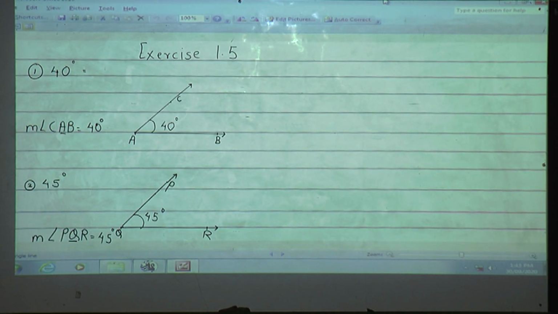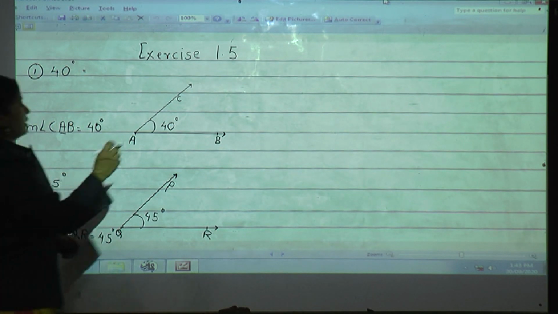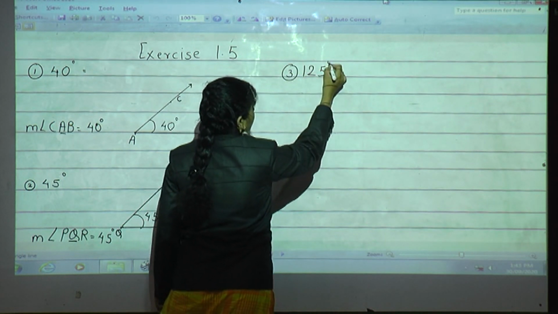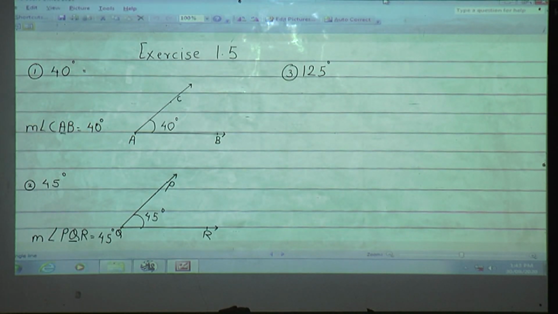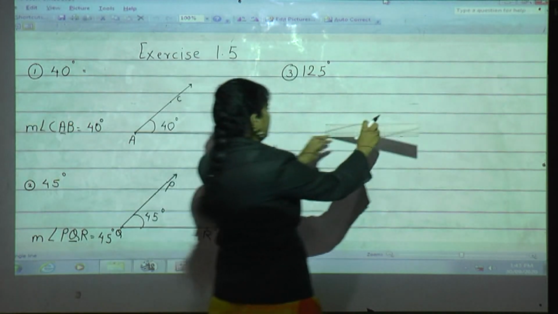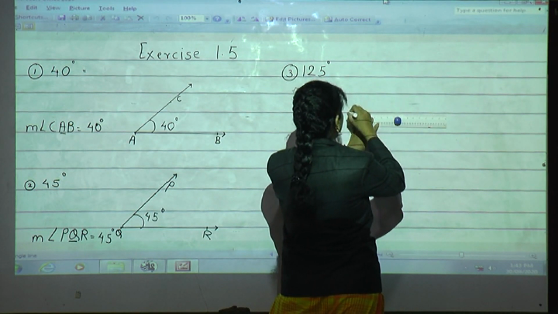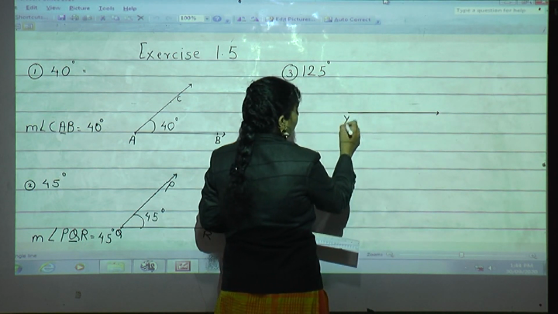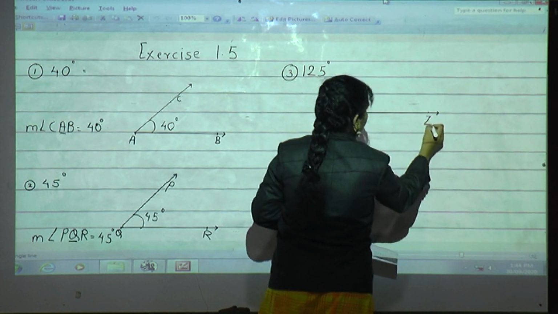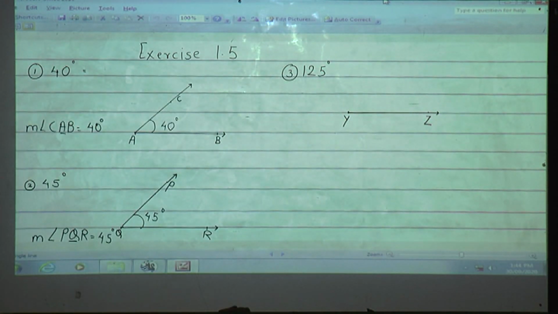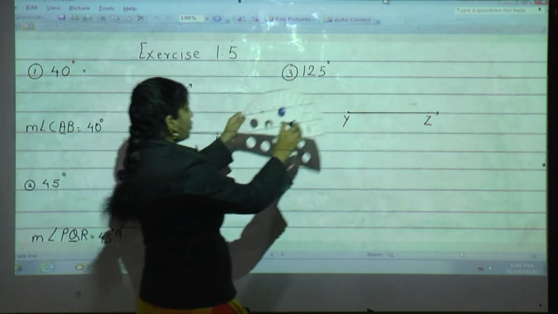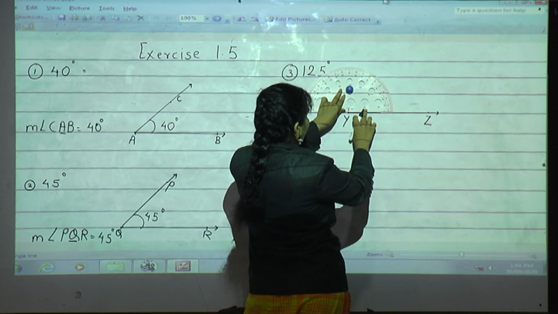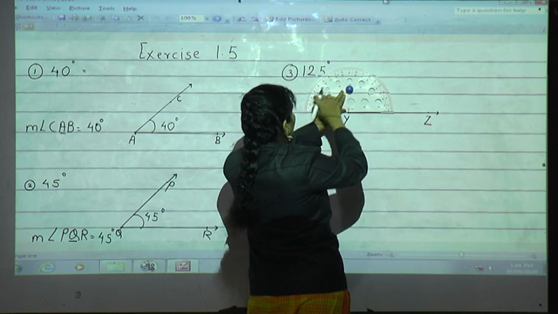Now our next example, third one, 125 degree. Again, draw one ray, Y, Z. Then take the protractor, place it on ray YZ and make a point on 125 degree.